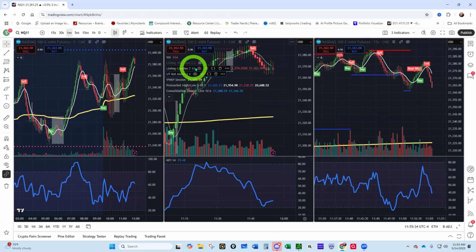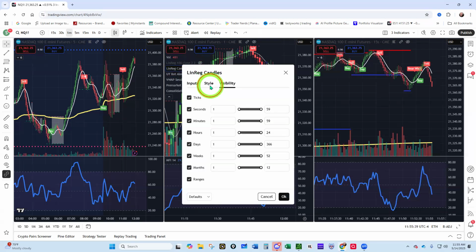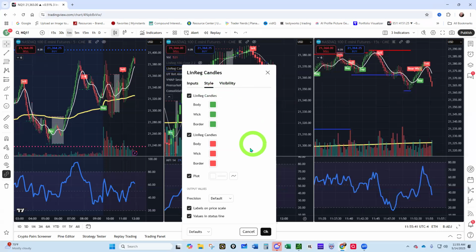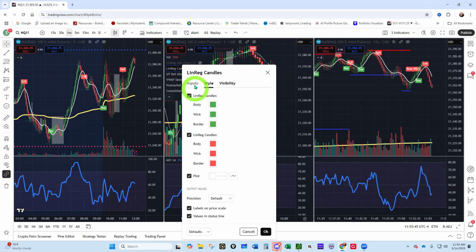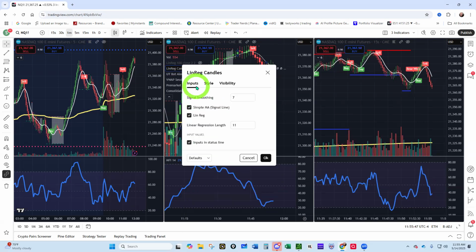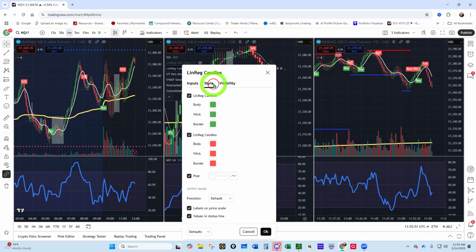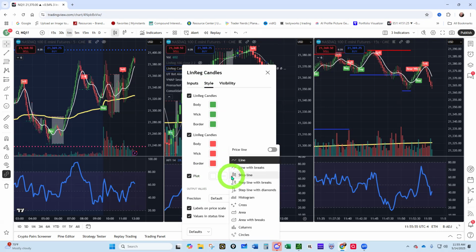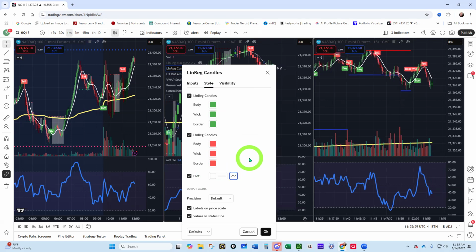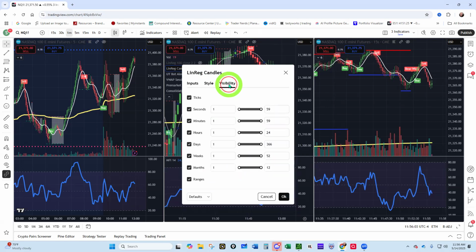Let's see, linear regression candles, settings, style, plot. That's got to be it, doesn't it? Inputs. Inputs instead of lines. Style. Plot is white. Line. Visibility.